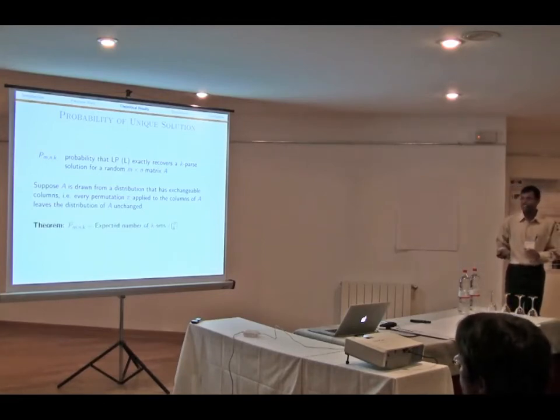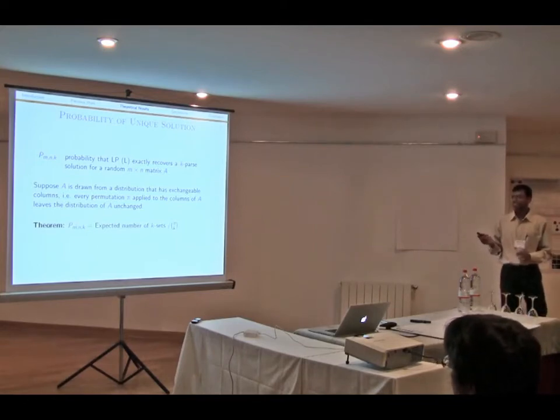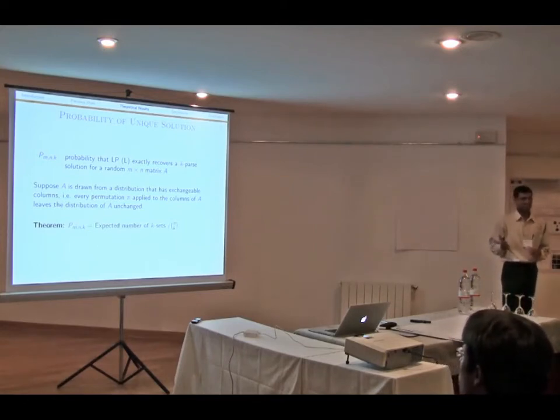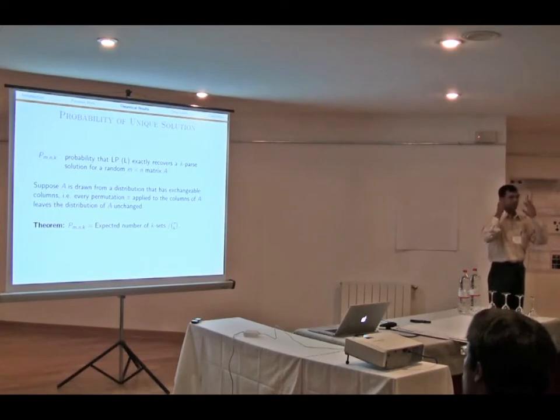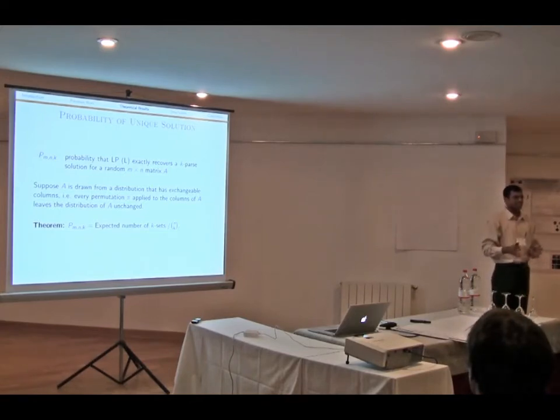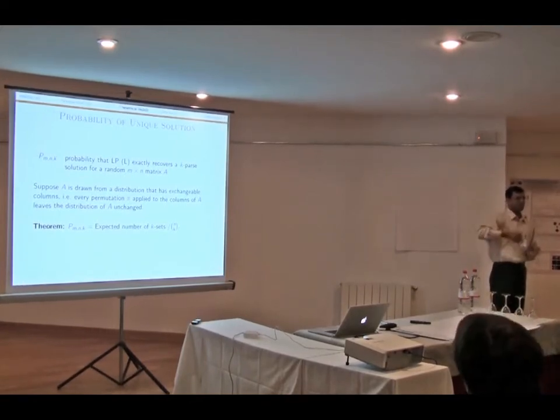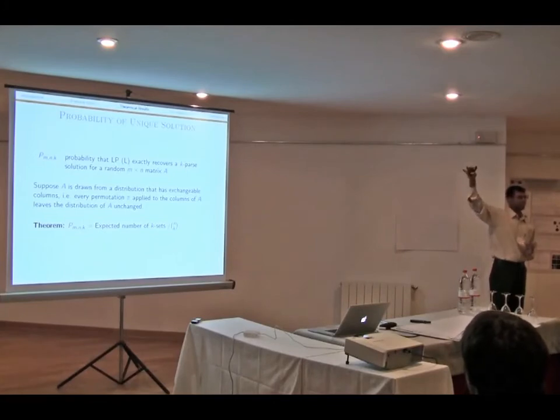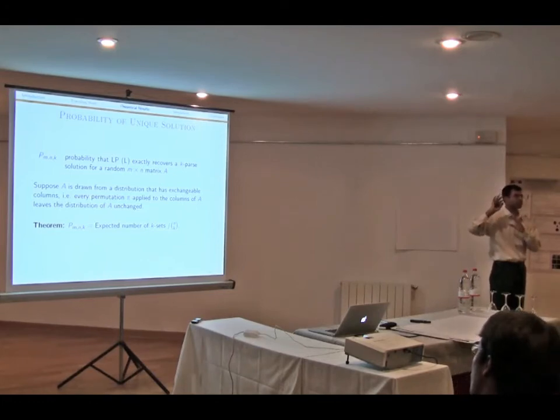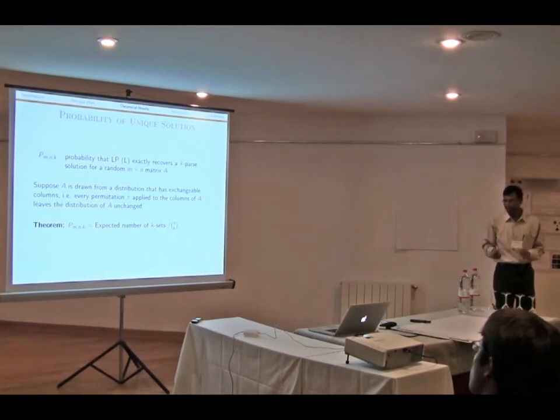In that case, P(m, n, k) is equal to the expected number of K-sets divided by n choose k. So you generate the random matrix A, you see the columns as points in R to the power m, and see the expected number of K-sets for those points divided by n choose k; that will give the probability.